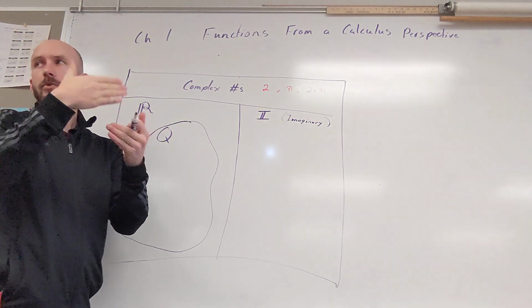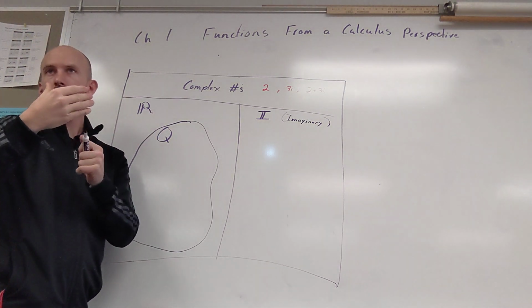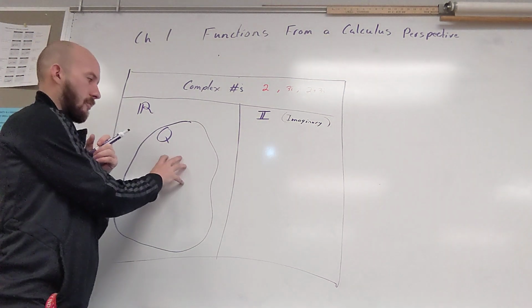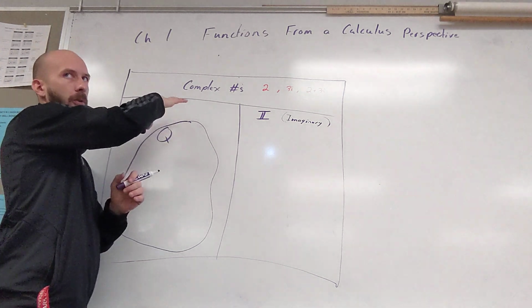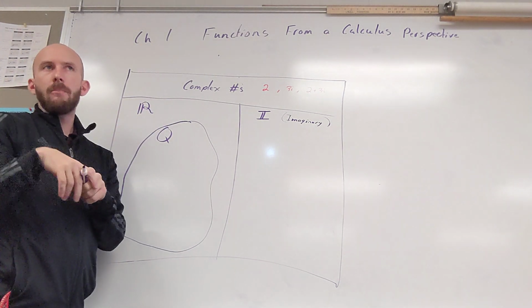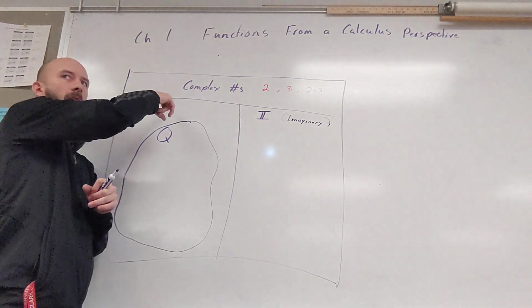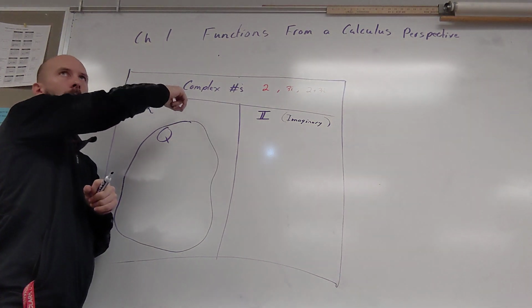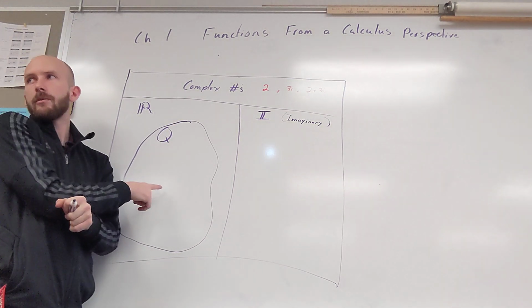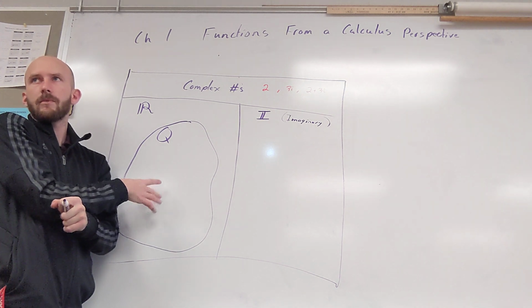Our rational numbers were all those fractions and decimals. Every rational number is also a real number, but not necessarily is every real number rational. Is everybody good with that?